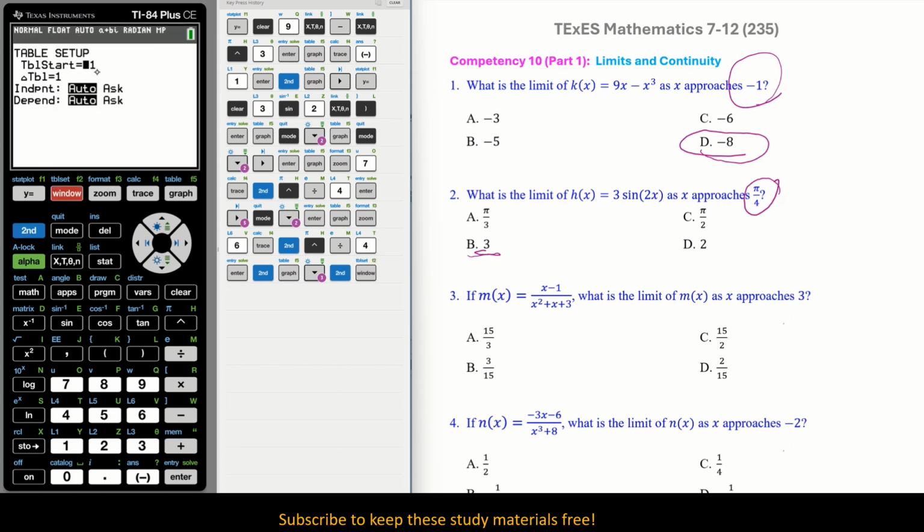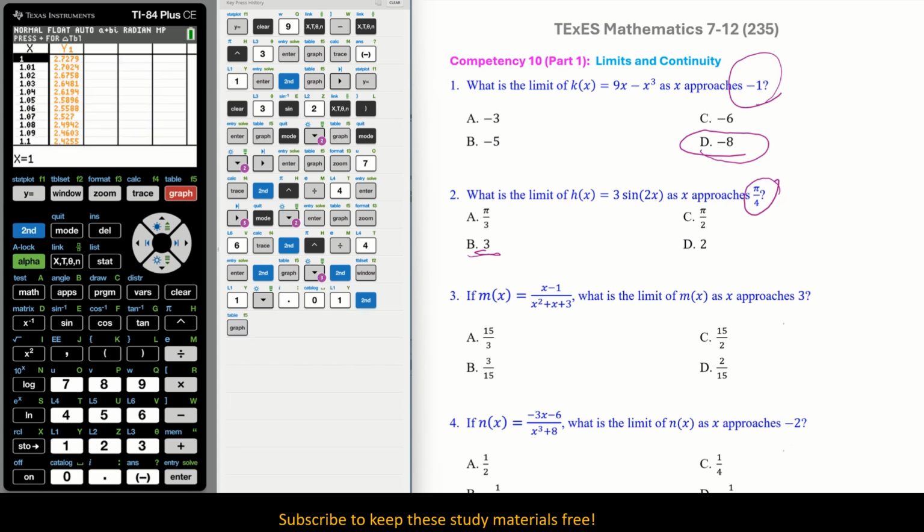We could go to second window. We're here at -1. I'm going to put it back on 1, because pi over 4 is actually close to 3/4. See where it says table value? I'm going to push 0.01. Now let's go to our table and see if it helps us. Nah, I'm not feeling it. Let's go to our 0.7.